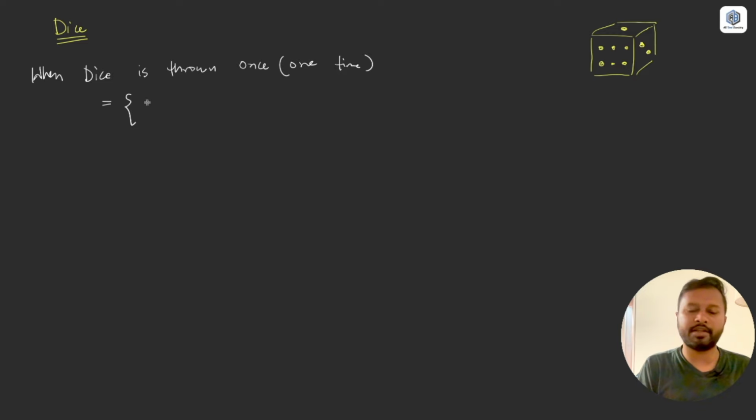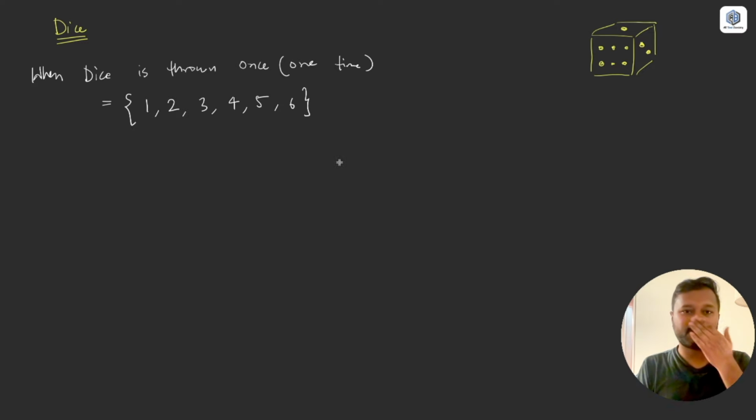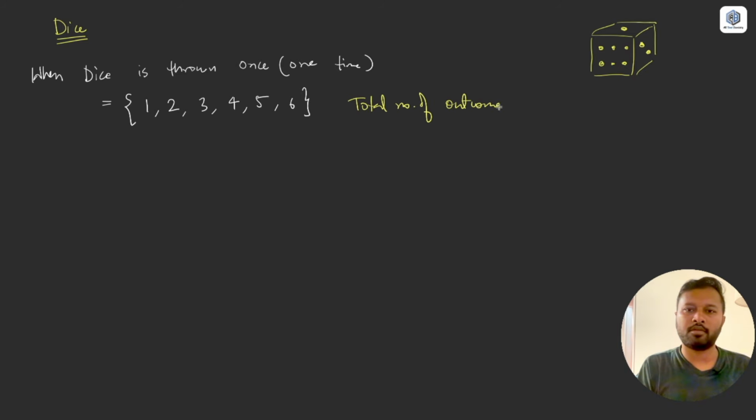You can either get 1, 2, 3, 4, 5, or 6. So the total number of outcomes will be 6.